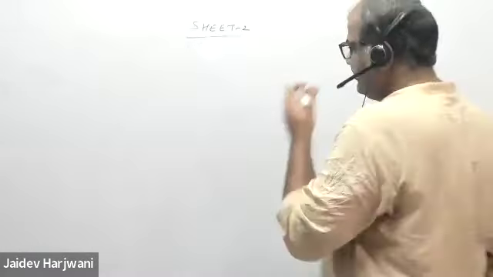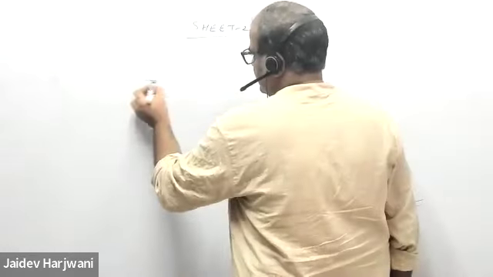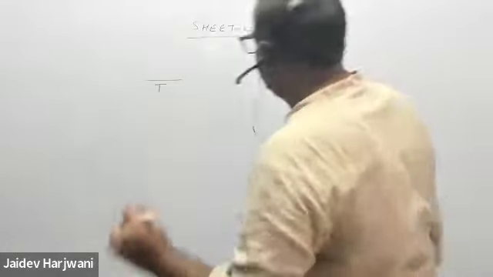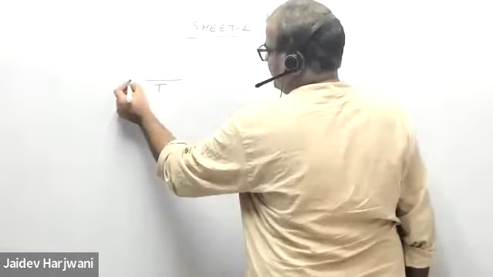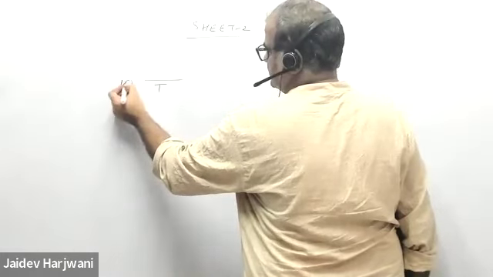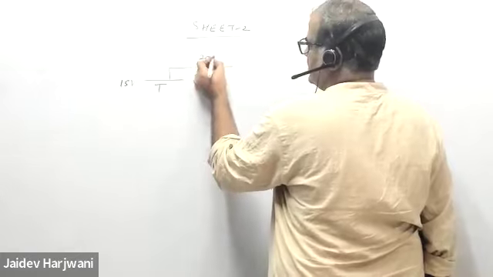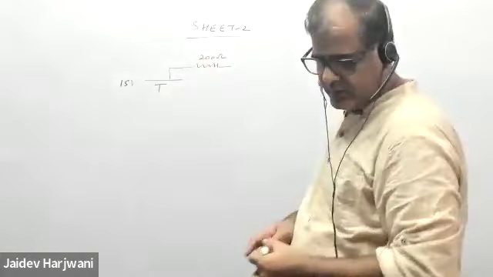So say I have been given a battery. Battery is how much? Battery is 15 volt, and resistor is 200 ohm.